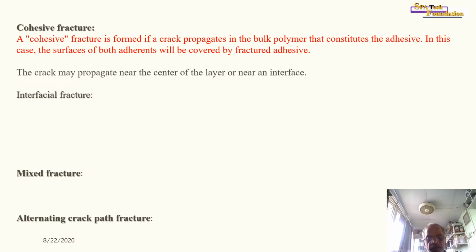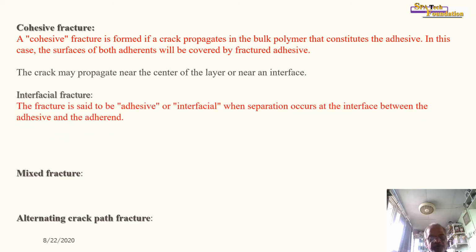The crack may propagate near the center of the layer or near an interface. Interfacial fracture. The fracture is said to be adhesive or interfacial when separation occurs at the interface between the adhesive and the adherent.